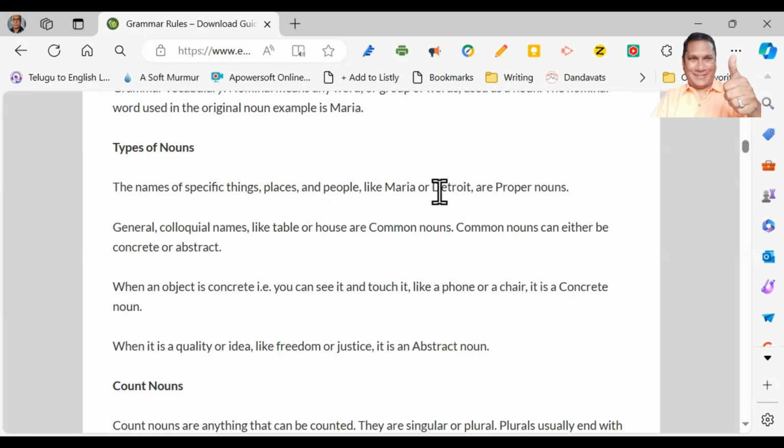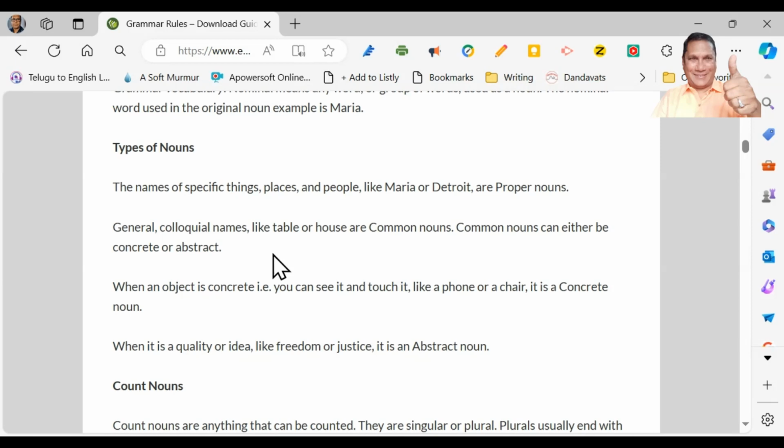So, Maria or Detroit, Prasad or Palakul, proper nouns. General colloquial names like table or house are common nouns. Common nouns can either be concrete or abstract. A concrete noun is a noun that can be felt with our senses. An abstract noun cannot be felt with our senses. Concrete and abstract.